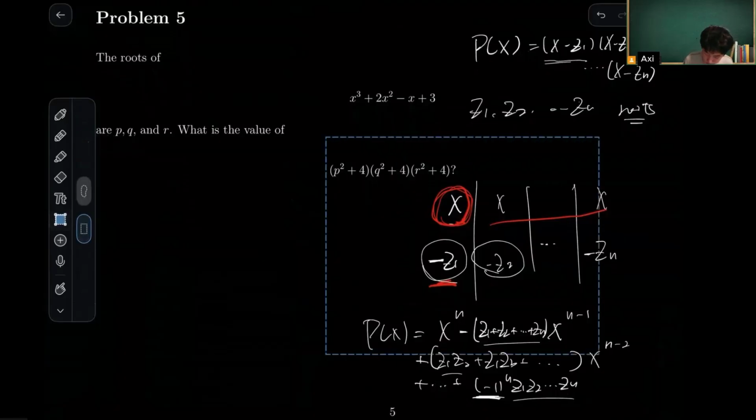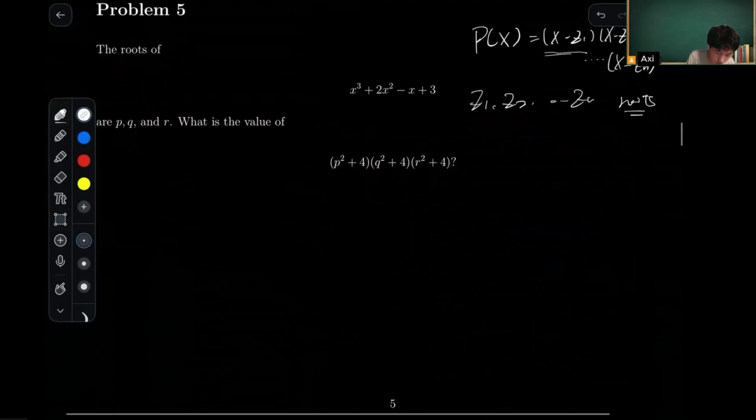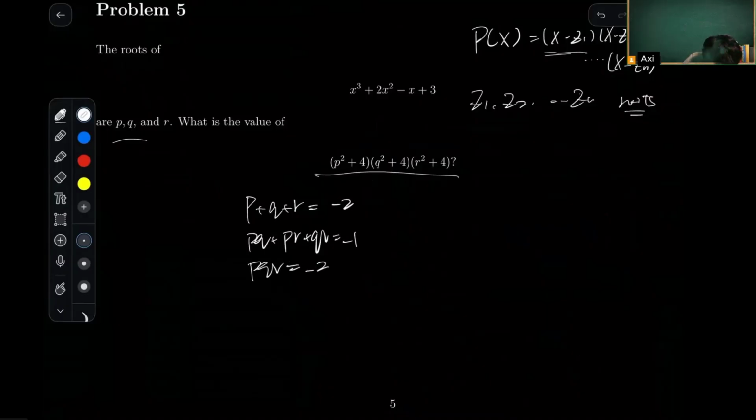For instance, in this case, the sample problem I have here asks for an expression related with roots. And this really hints that we should use what we just discovered. That means we can first list out p plus q plus r is equal to -2, pq plus pr plus qr is equal to -1, and then pqr is equal to -3.